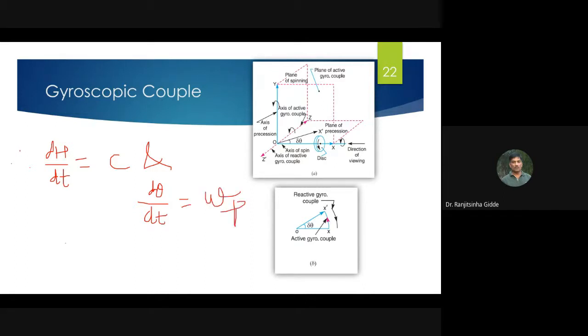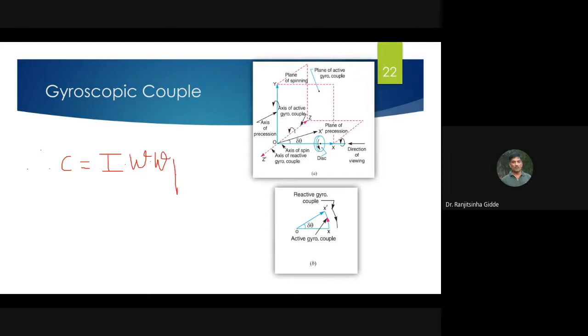Next line you can write. Therefore, C is equal to I omega p.